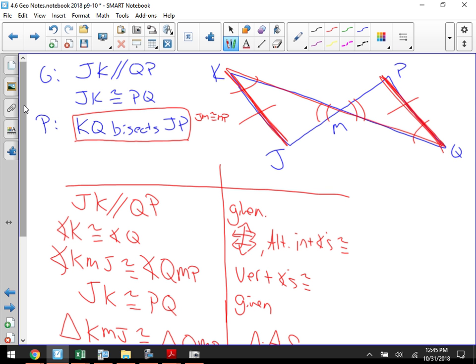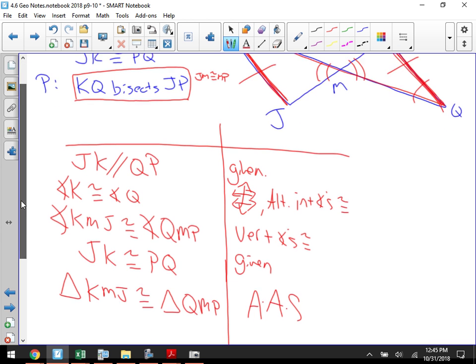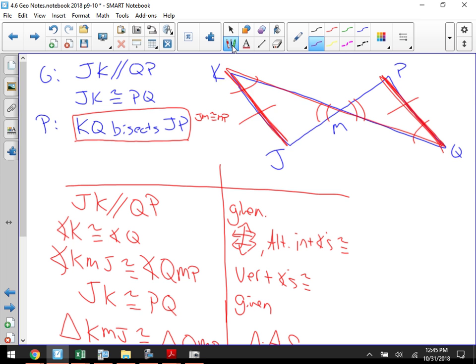So we look at it and say, all right, we have triangle KMJ. We've got that triangle here. And we have triangle QMP, just following the letters. We have that one there.